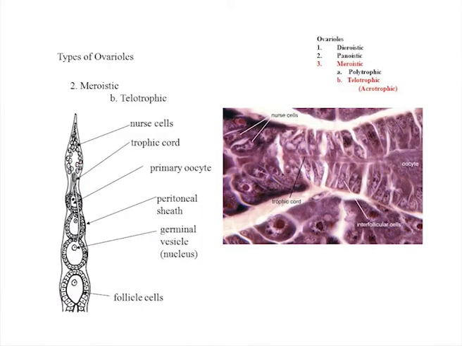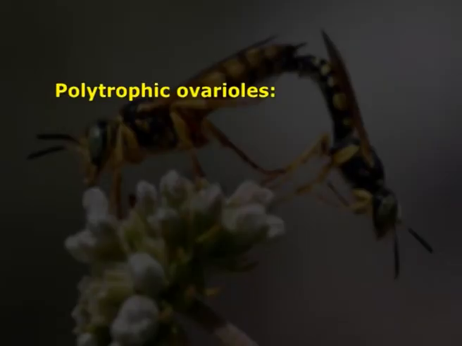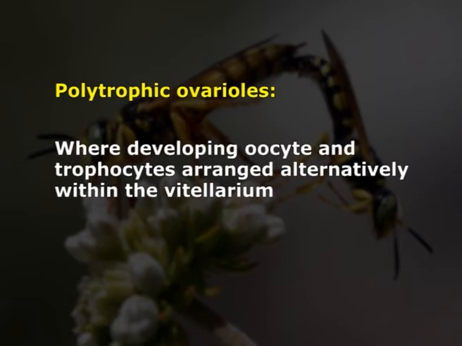Meroistic ovarioles contain trophocytes or nutritive cells which vary in their position. Based on the position of trophocytes, meroistic ovarioles are classified into polytrophic ovarioles, where developing oocytes and trophocytes are arranged alternately within the vitellarium.